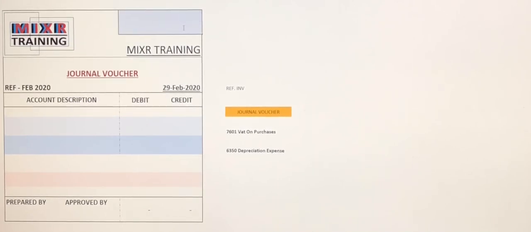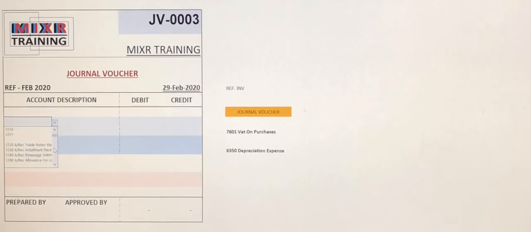So this will become JV 3. The date is the same, the reference is the same. Our debit here will be rent expense. We're going to follow that as per the arrangement in the prepayment schedule.